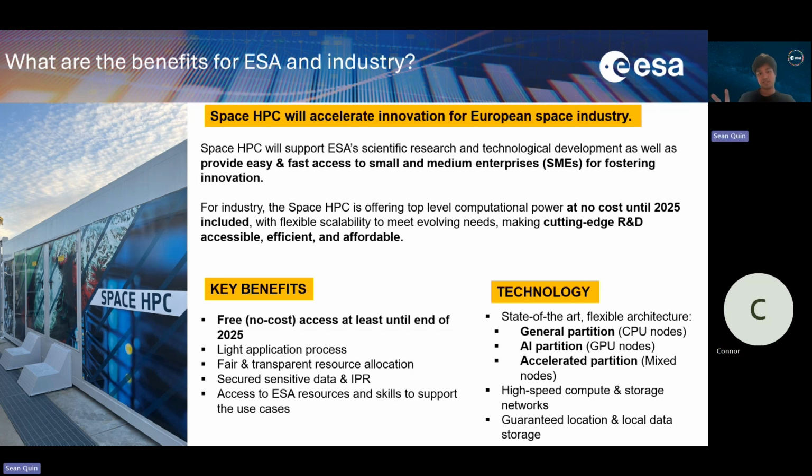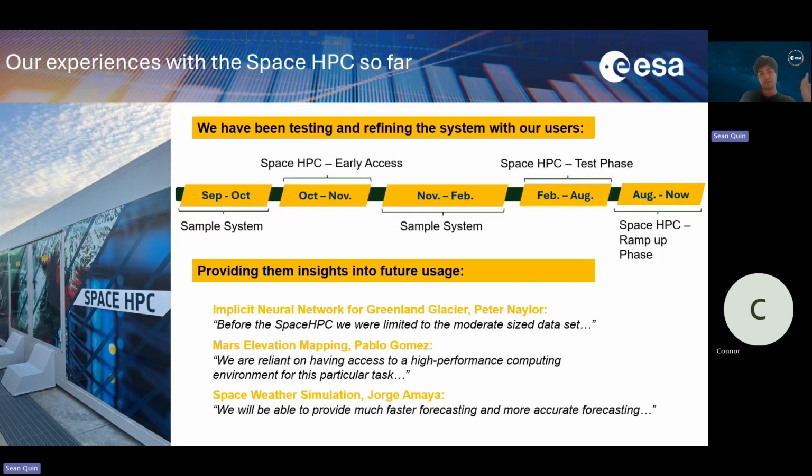In terms of technology, as I said, we have a general partition made of CPU nodes, an AI partition made of GPU nodes, an accelerated partition, which is a mix of more performant GPUs, the high-speed network that I mentioned before, and a guaranteed data locality storage. The system was installed in early September.